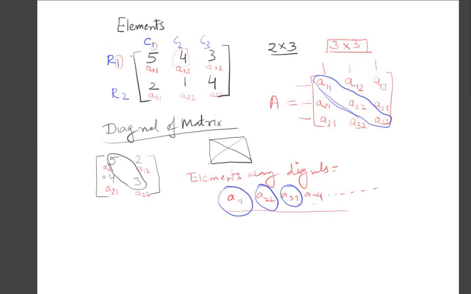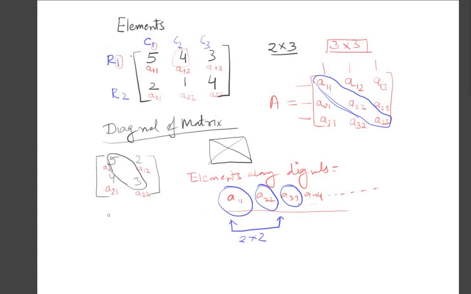You see A11, A22, A33. Correct? You got this point? So now if this would have been a 2 cross 2 matrix, you would have ended at A11 and A22. That's it. Yes or no?